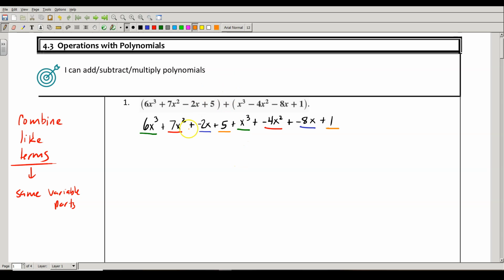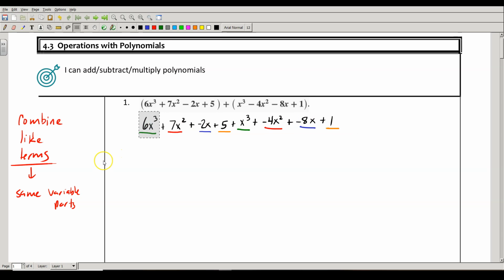Now again, we don't have to rewrite this again. I'm just going to do it for this one example, just so that you can see that as we're adding together terms, adding is commutative. So really, I can take these terms that are being added together and move them around.